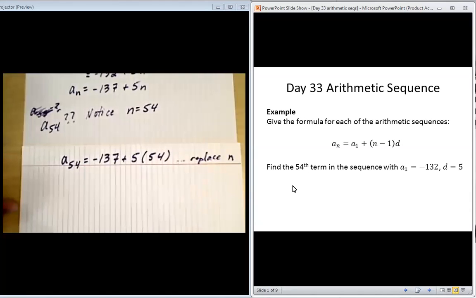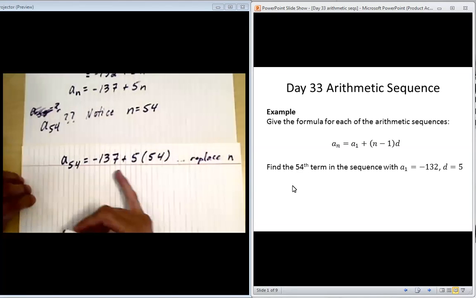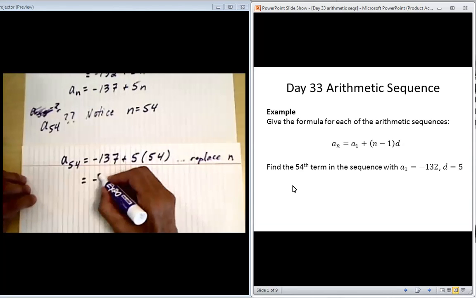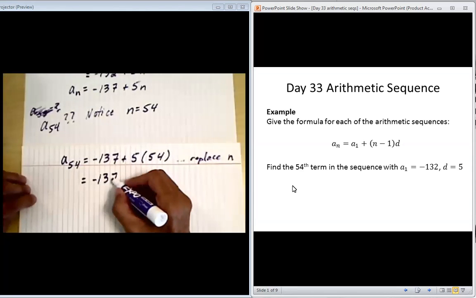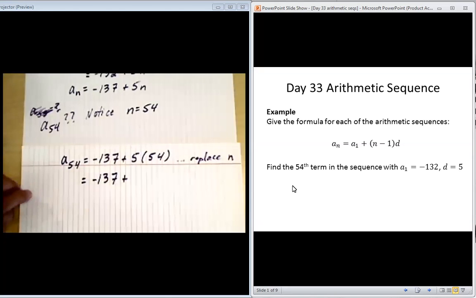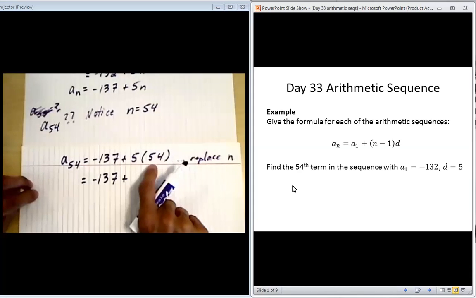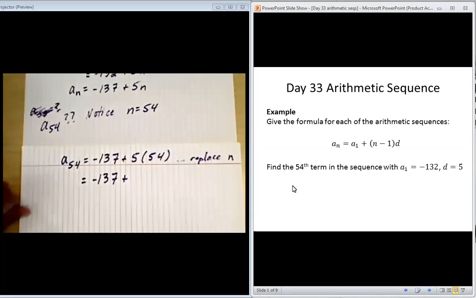And now some heavy mathematics for a Friday afternoon. We got minus 137 plus, what is this thing going to be? Well, it's 5 times 54. Oh, 5 times. Yeah, on a Friday.